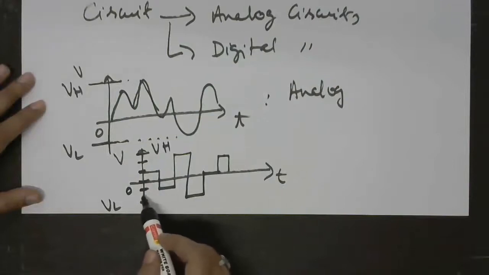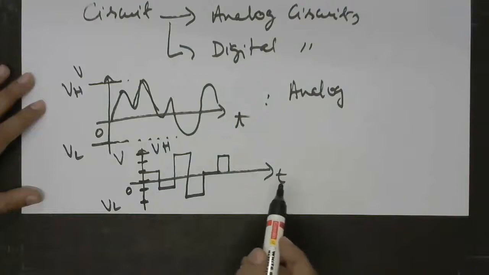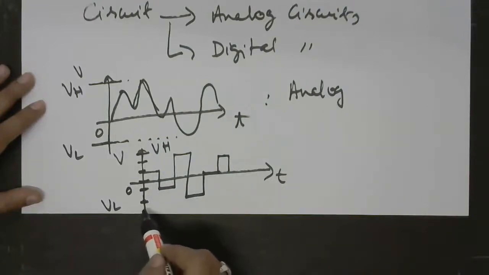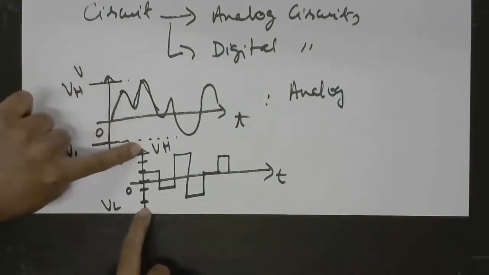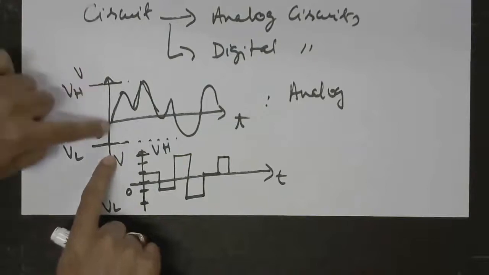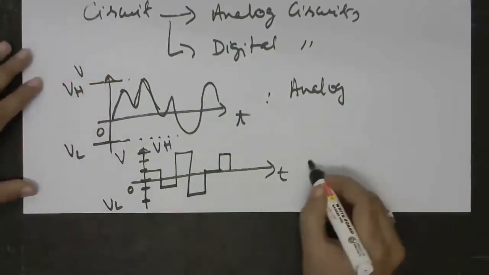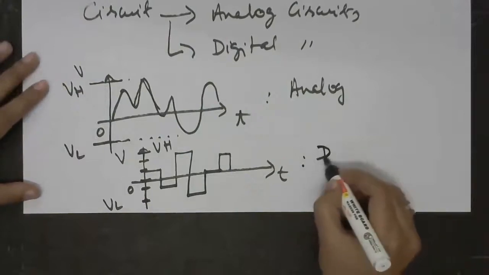That means the signal never takes a value over these small ranges. You will never find a time when the signal has these values. So you can see that the signal is discontinuous over this range, unlike analog, which was continuous. So if we have this kind of signal, these signals are called digital.